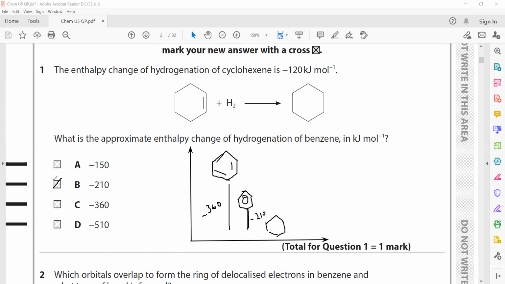So that's why B is the correct answer. And what is minus 150? That is the stability energy of benzene. Compared to the cyclic alkane, it is minus 150 kilojoule per mole more stable.